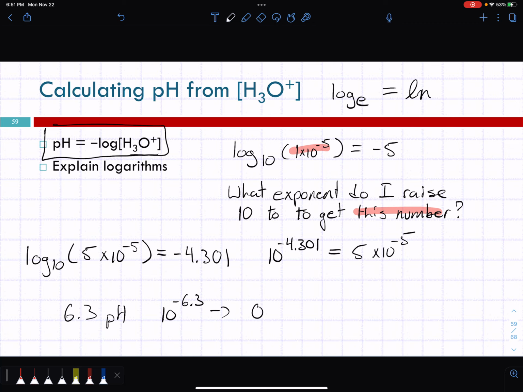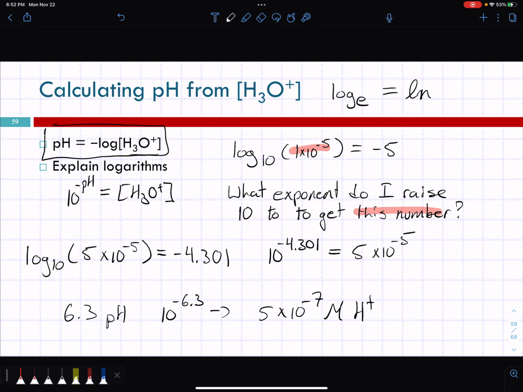This is 1, 2, 3, 4, 5, 6, 7. Would be 5 times 10 to the negative 7. That would be the concentration of H+. So you do the negative log to get the pH. You use 10 raised to the negative pH. 10 raised to the negative pH equals concentration of H3O plus.